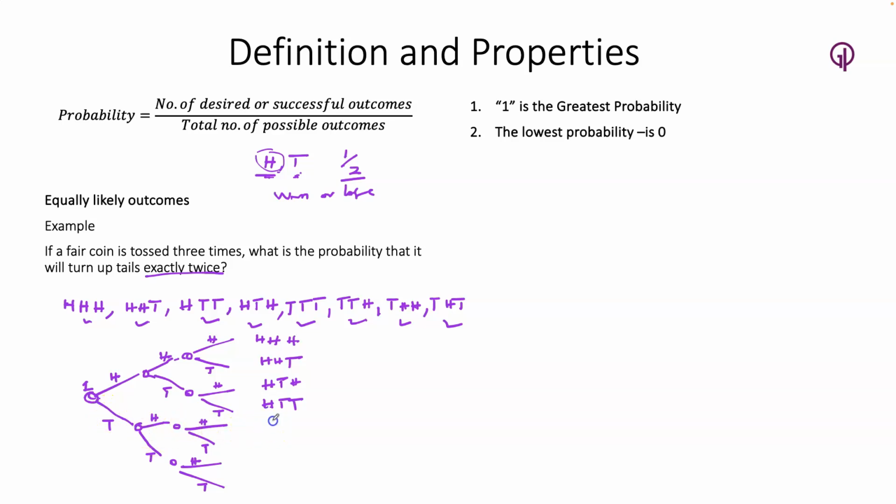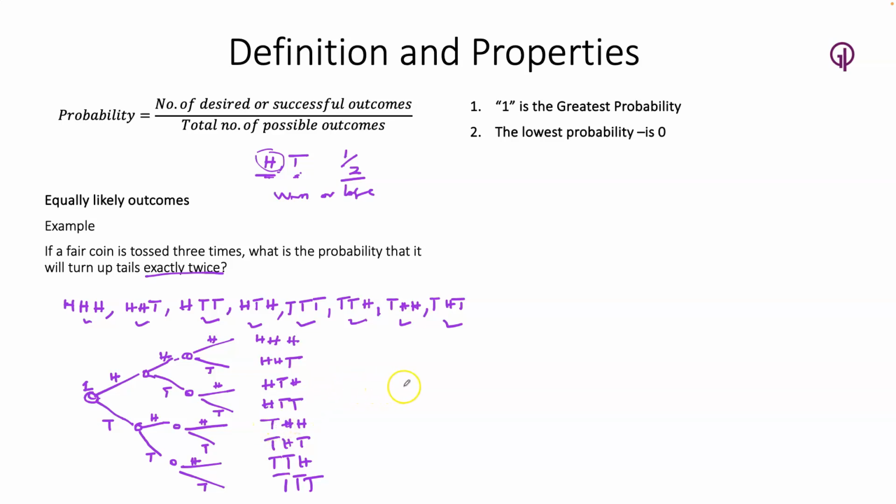Tail, head, head. Tail, head, tail. Tail, tail, head. And then finally, tail, tail, tail. So this is how you can use a counting tree to find your total possible outcomes.